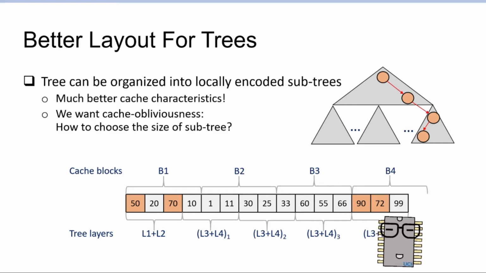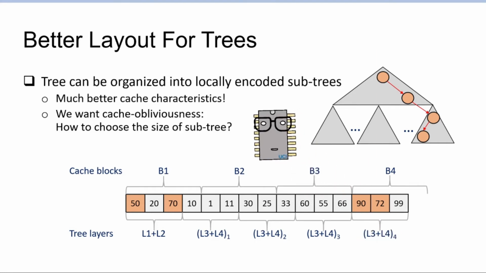Again, the same as the matrix-matrix multiplication example, if we know the exact characteristics of the cache, we can choose the size of the subtree hard-coded somewhere to make the best use of the cache line size, the cache sizes, etc. But the problem is, again, we want to be portable.